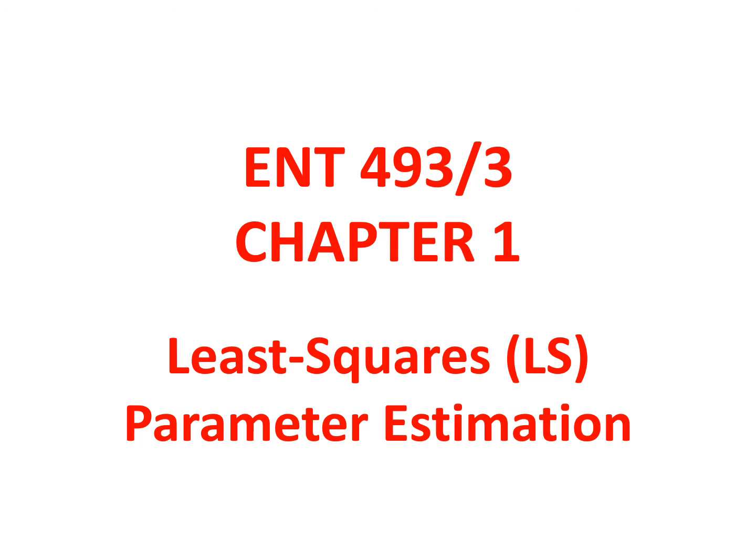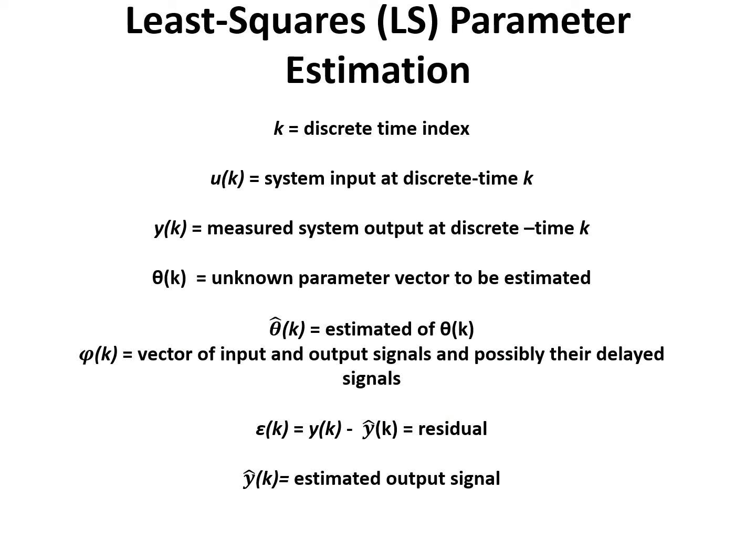The DT least square is a basic technique for parameter estimation. Before this method is described, some of the important notation are defined. K is a discrete time index.